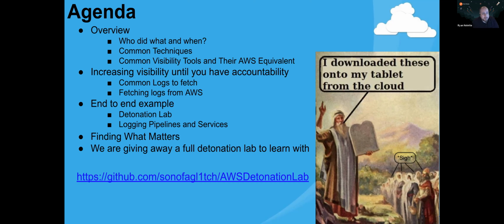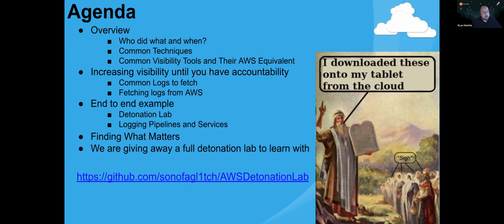We'll cover how to fetch logs from AWS, which is a very unique and time-consuming process until you learn the tips and tricks to it. Then we're going to go through an end-to-end example. I put the detonation lab on the internet without anything secured, and we let terrible things happen to it. This is us investigating one of the fun events of compromise that occurred due to putting it on the internet on purpose.